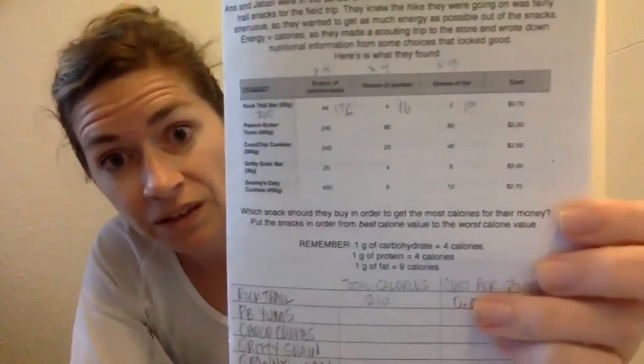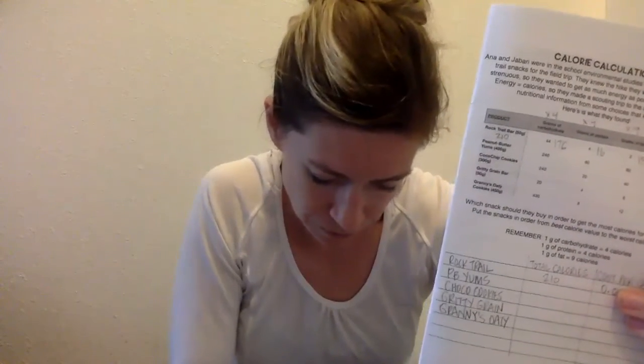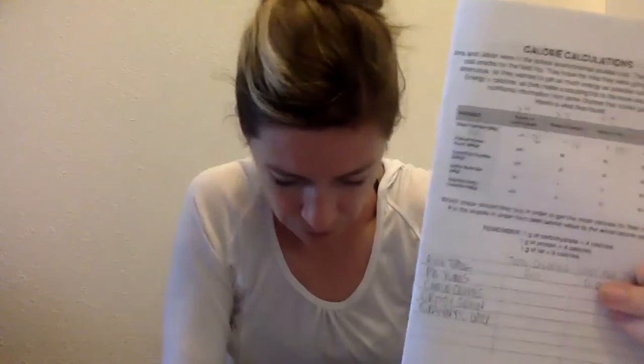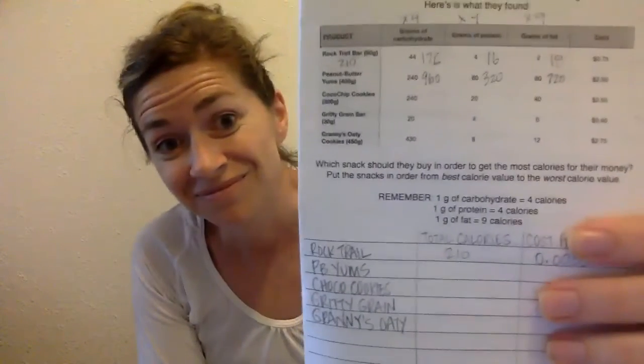So 240 times 4. What'd you get? 960? Yep, me too. And then 80 times 4. 320. Terrific. And 80 times 9. 720.